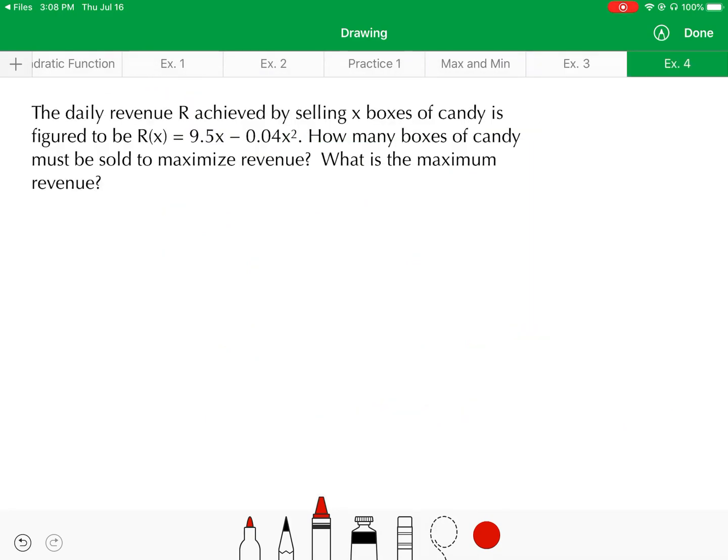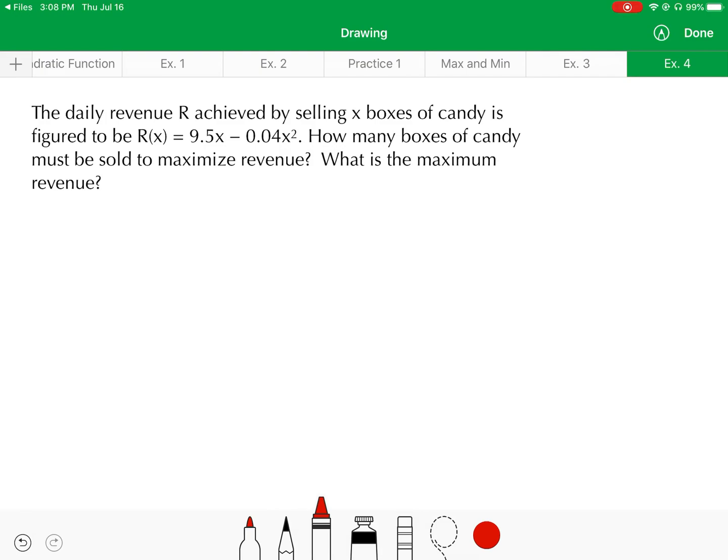All right, so we have the daily revenue R achieved by selling x boxes of candy is figured to be the function R of x equals 9.5x minus 0.04x squared. So notice this revenue is being represented by a quadratic function. How many boxes of candy must be sold to maximize revenue?